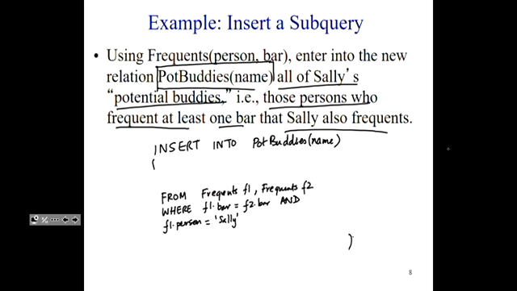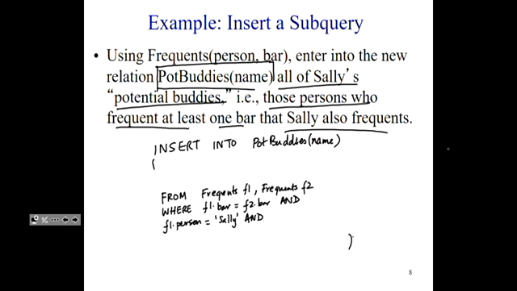Anything else in the where clause before I move to the select? Yep. Wouldn't you want to make sure that f2.person is not Sally? Exactly. You might want to make sure that f2.person is not Sally.